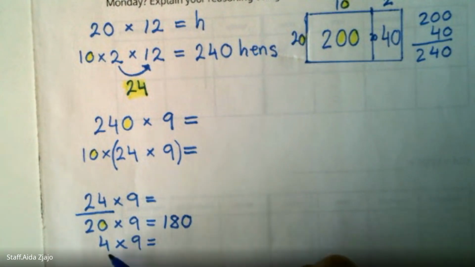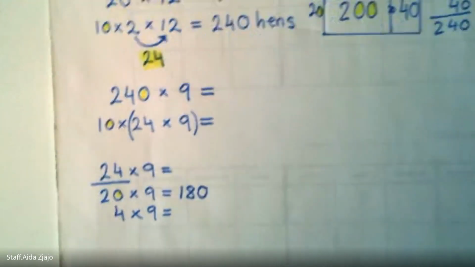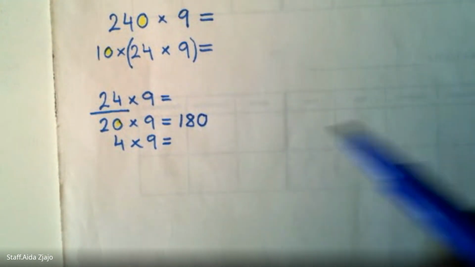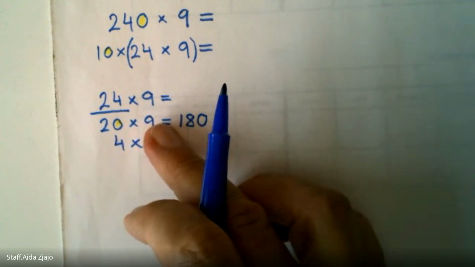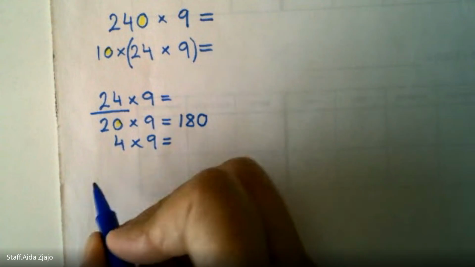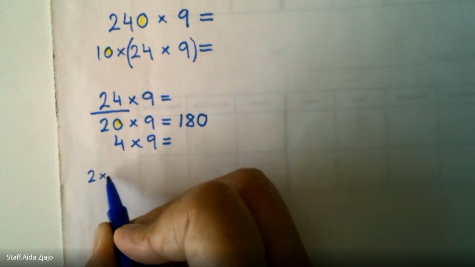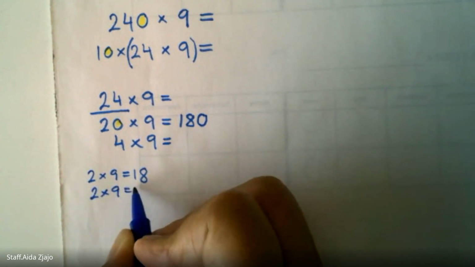Now, if I don't know what 4 times 9 is, I could use a strategy. I think, oh, I don't know my multiplication facts, but I already know that 2 nines is 18. So here are the 4 nines. I can think 2 times 9 is 18, and again, 2 times 9 is 18.